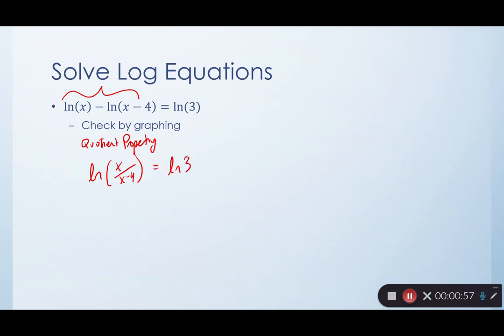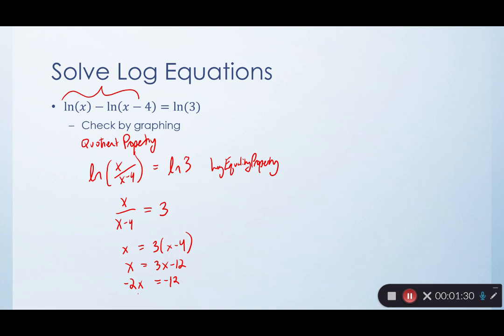And at this point, we can use the log base equality property, I'm just going to call it the equality property, because if these two things are equal, then the arguments, x over x minus 4, has to be equal to 3. And we can solve that pretty quickly by cross multiplying and distributing and moving x's to one side and constants to the other, and we're going to get x equals 6.